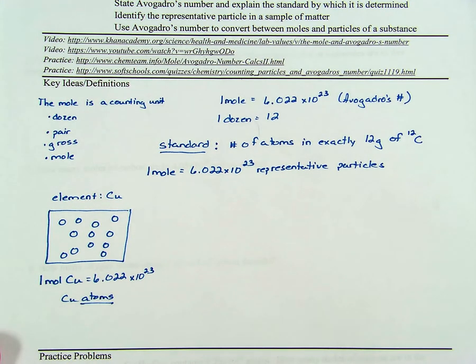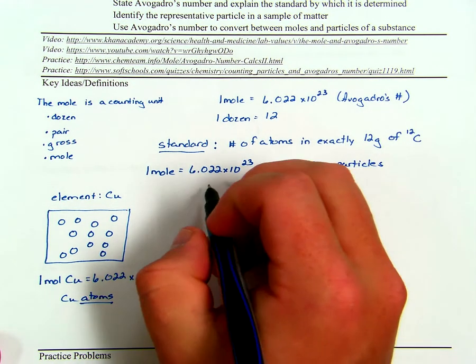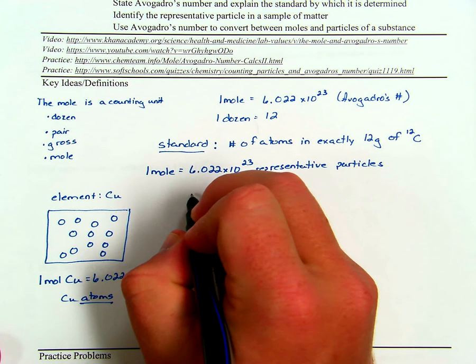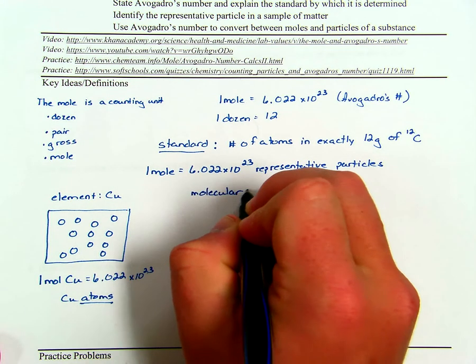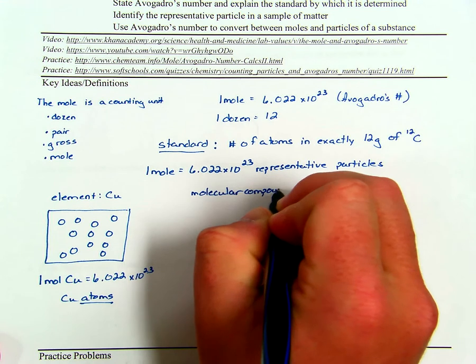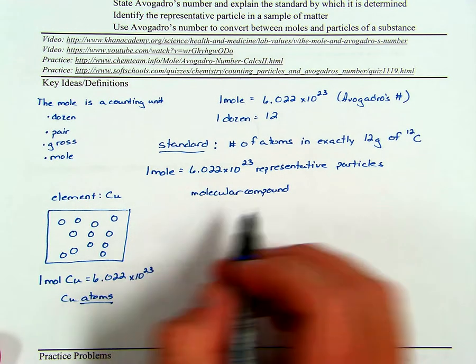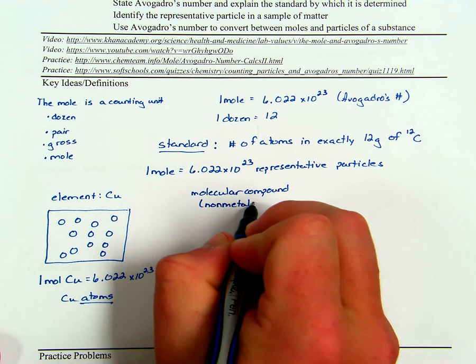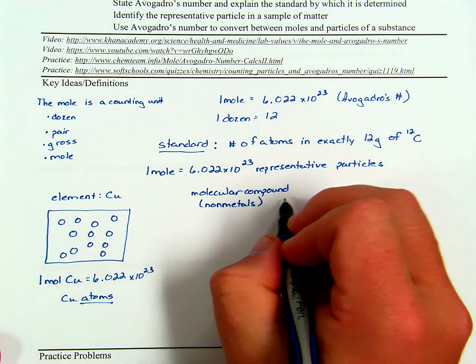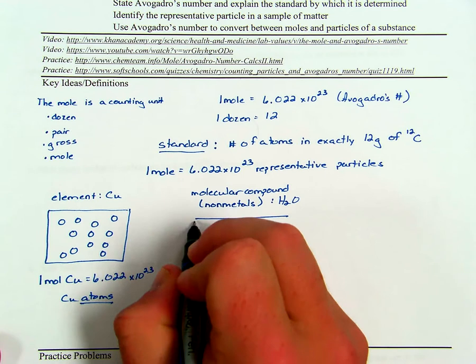If we have a molecular compound, or what we might call a covalent compound, and a key to identifying molecular compounds is it's made of nonmetals. Like for example, water. If I had a sample of water, let's draw another picture here.